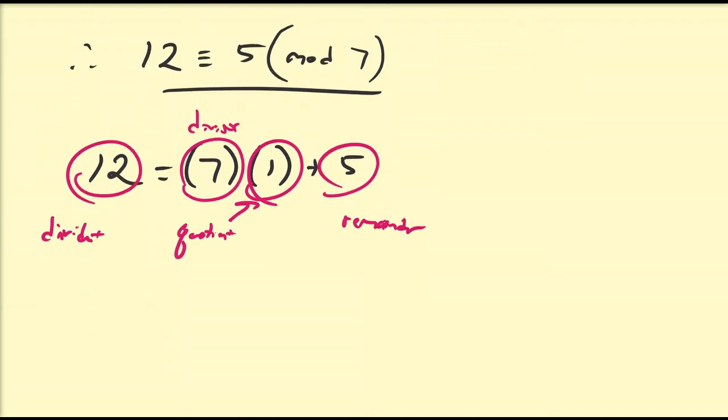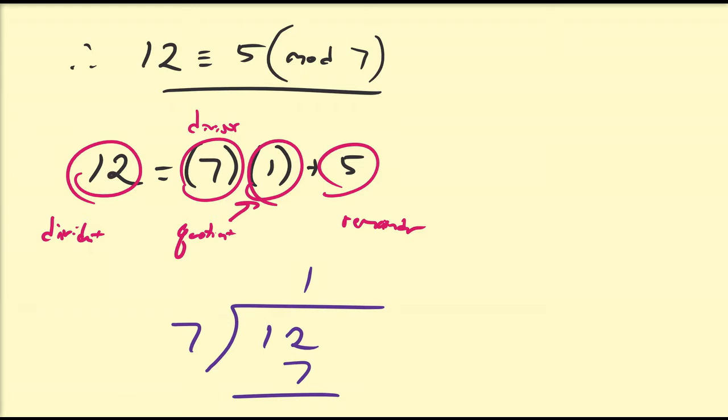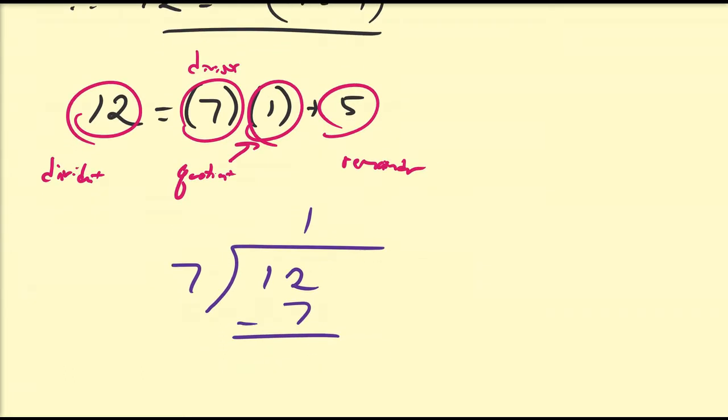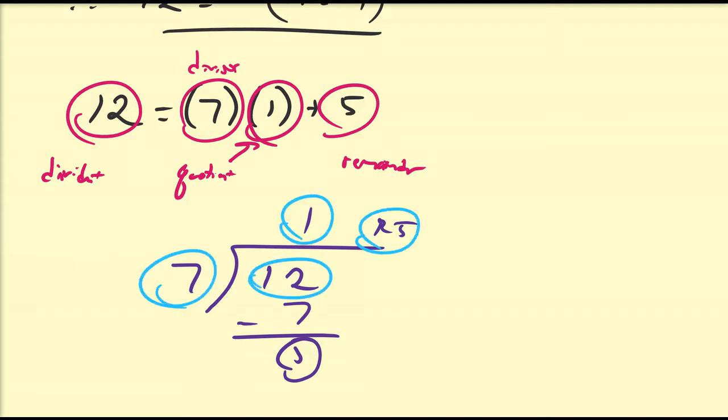So if we write this in long division form, 7 divided into 12, we know 7 goes into 12 one time, 7 times 1 is 7, and then 12 minus 7 is 5, and that's the remainder, right? So dividend, divisor, quotient, remainder. We can of course write this as 12 equals 7 times 1 plus 5.